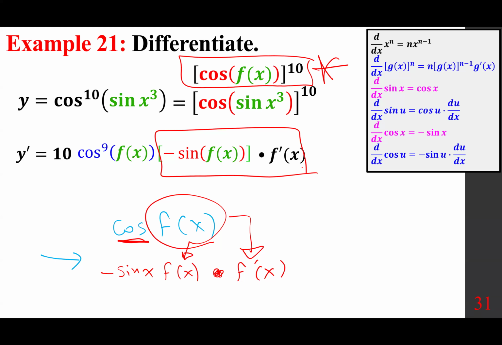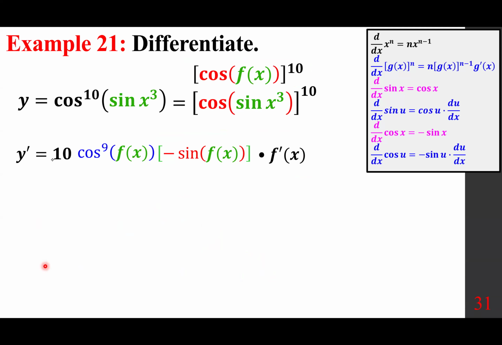Now, let me erase my board. So 10, cosine to the power of 9, f of x is sine of x cubed. Brackets, minus sine, f of x is sine of x cubed. But what is f prime of x? Let me also write this on the side and work on it, because I want to make sure we understand.